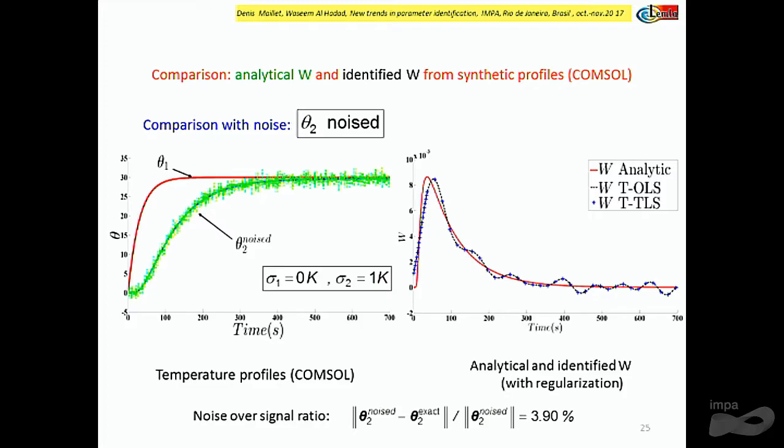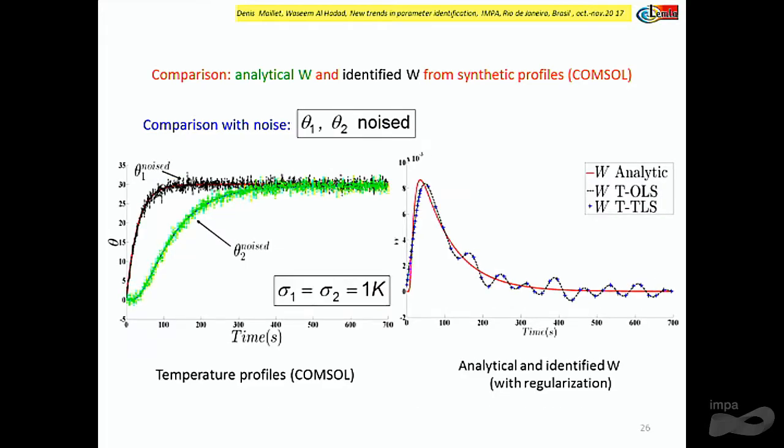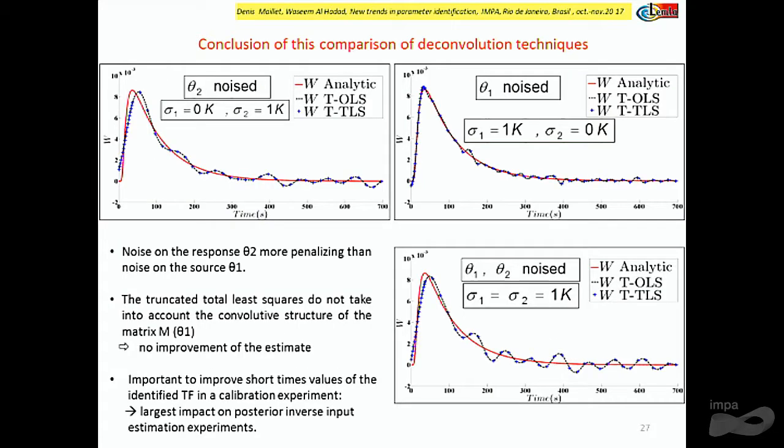In this case, we had a noise over signal ratio of about 4% using L2 norms. If we put noise on both temperatures, it's even worse. You see that here we depart from the zero level with oscillation, and so it's not as good. As a conclusion of this first part, this comparison, we can say that the noise on the response is more penalizing than the noise on the excitation, on the source.